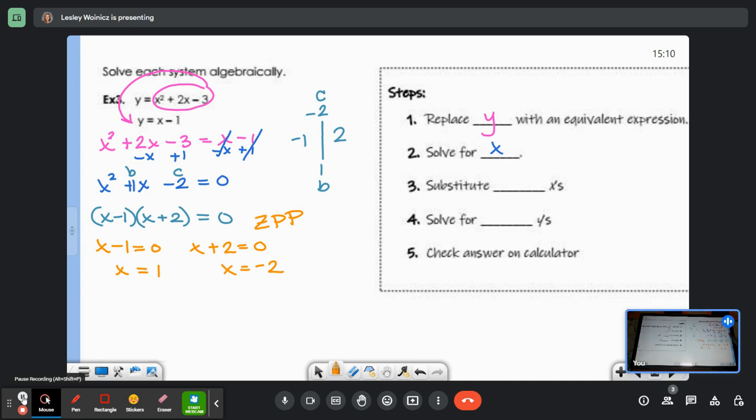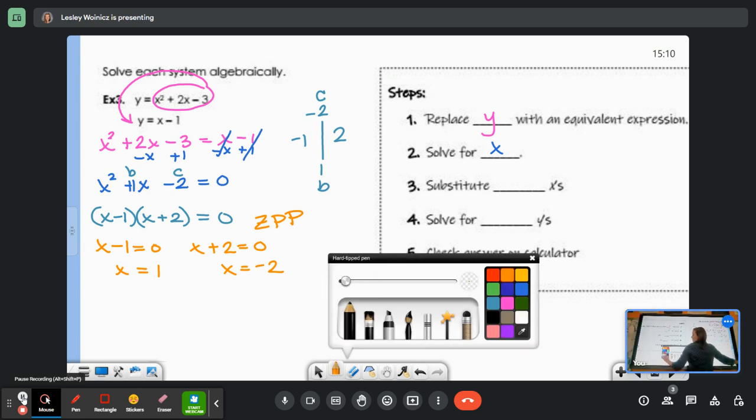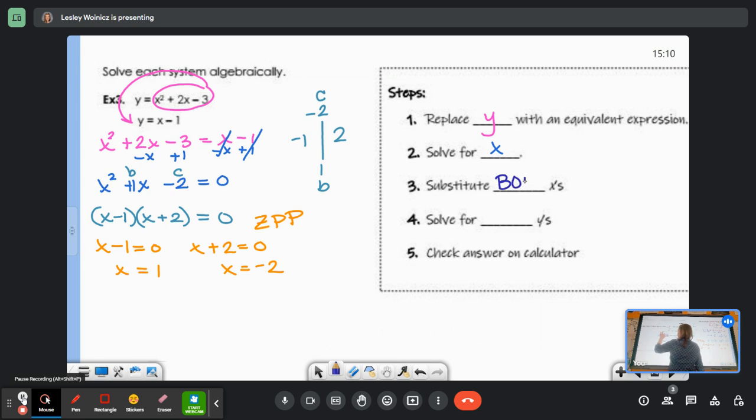Now look at the equations. Which one would be easier to substitute back into to find the y's? Yeah, the linear one, the second one. So let's do that one. We found both x's. We are going to plug both of them in to find both y's.